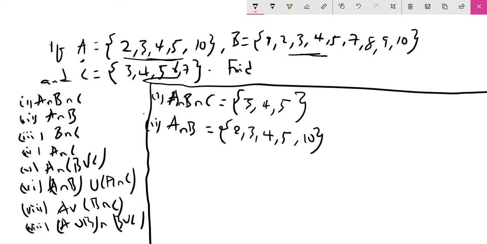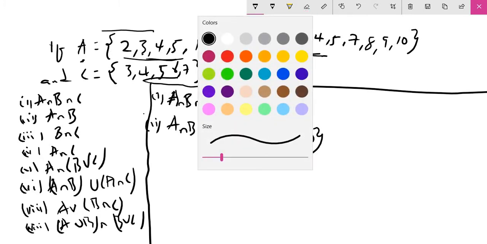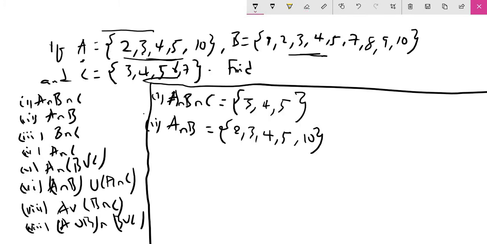So we see that all of the elements in A are in B. Alright, so we can see that A is a subset of B, and this is the symbol for subset. It's not exactly an E, it's a C, but then cross it, and that's the symbol for subset. You should just know that, although no one will ever ask you what that symbol means, but it'll be used.